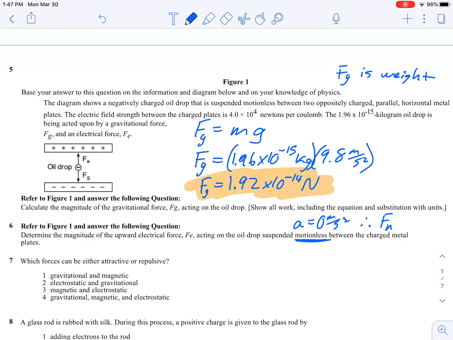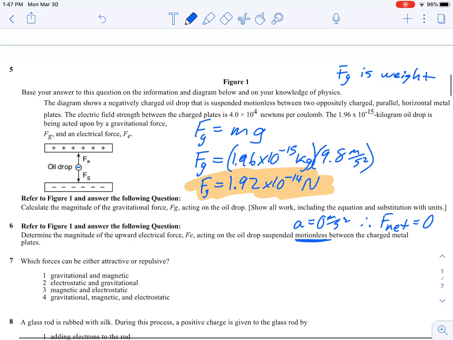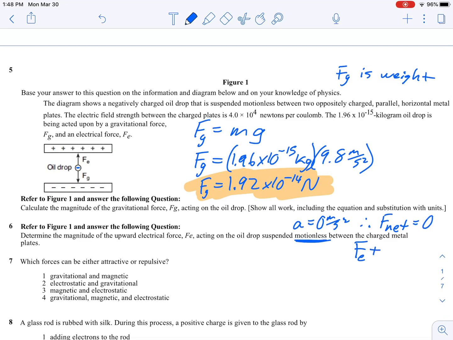Therefore, the net force is equal to 0. That means that all the forces acting on it must add up to 0. So that means that Fe plus Fg equals 0.